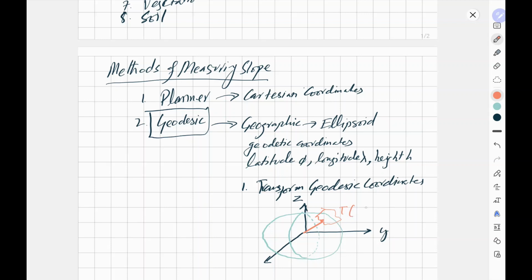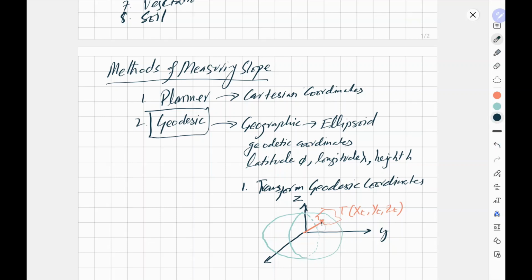Its location will be xt, yt, and zt. Okay, and if you project this, in fact this will be angles. So if I drop it down like this, I will use a black color for that.